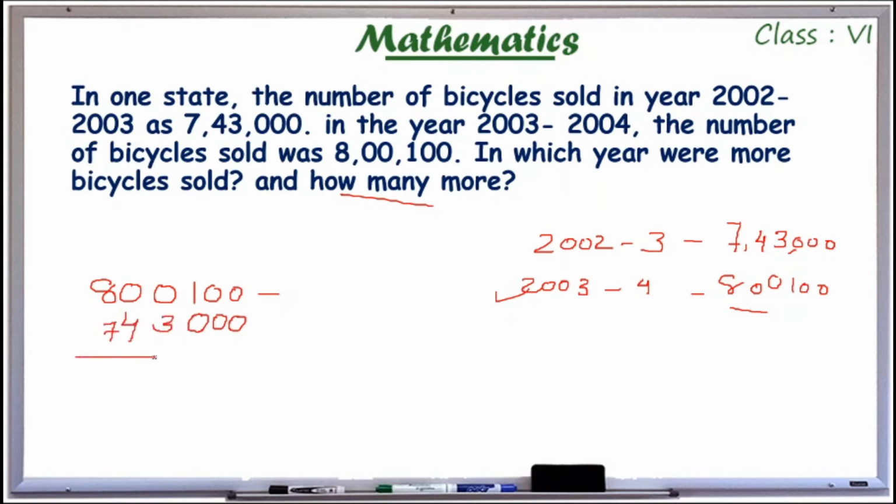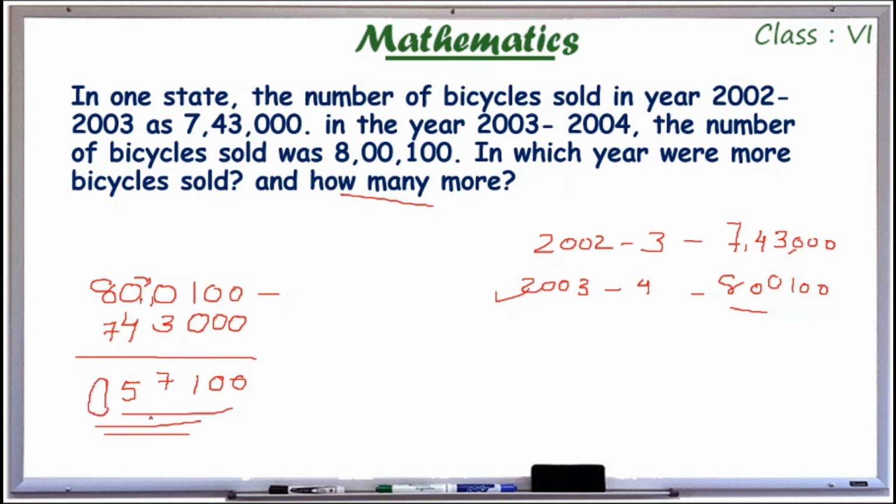Write from the right side. 0 minus 0 is 0. 0 minus 0 is 0. 1 minus 0 is 1. 0 minus 3: we have to borrow 1 from the 7, now it will become 9, 5, 0 here.